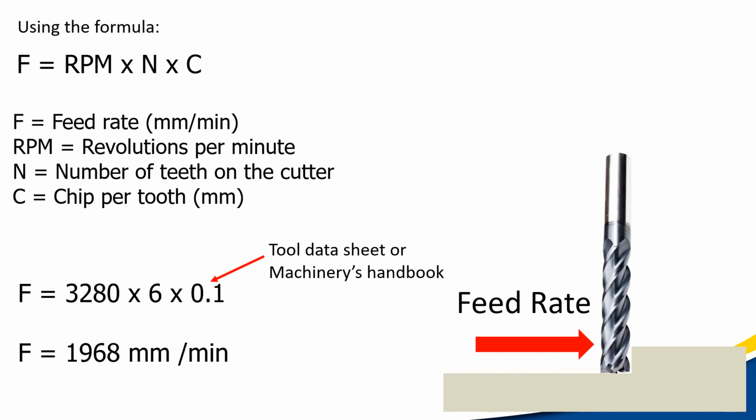In our case, it's 0.1, which is a good general rule of thumb starting point if you don't have a data sheet. So 3,280 times 6 times 0.1 equals 1,968 millimeters per minute.